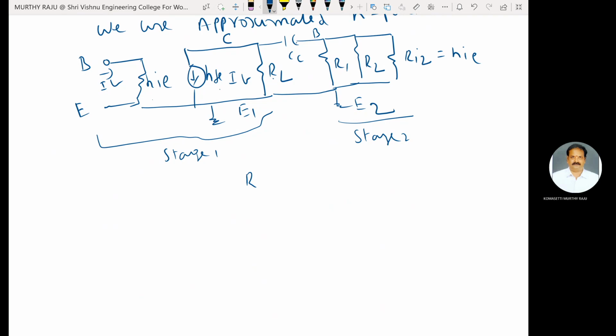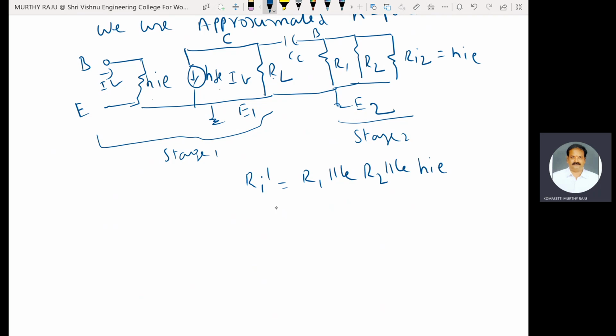Therefore, Ri dash is equal to R1 parallel to R2 parallel to HIE. This is the parallel combination. Finally, Ri dash is approximately equal to HIE.